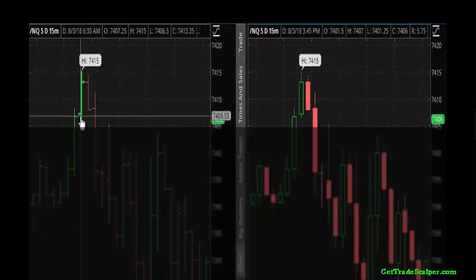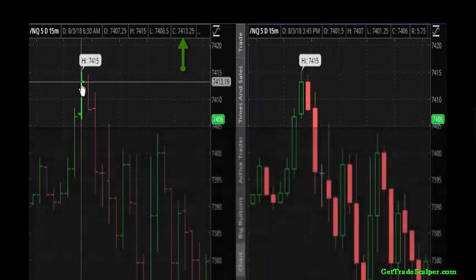So on this bar here, we have an open price 74.07 quarter. Then we have a high price 74.15. Then we have a low price 74.06.50. And then we have a closing price here 74.13 quarter.